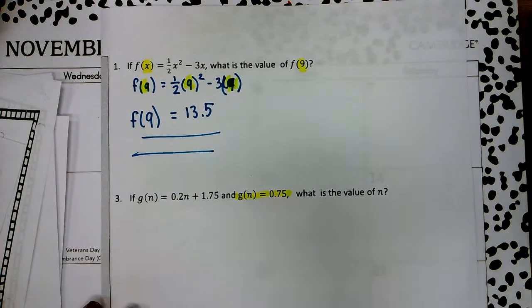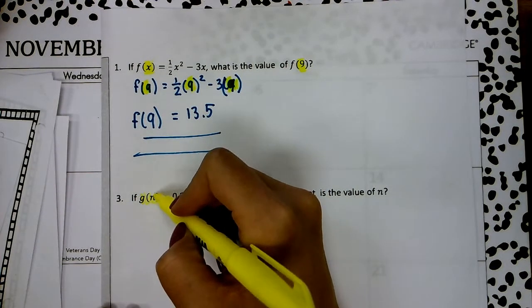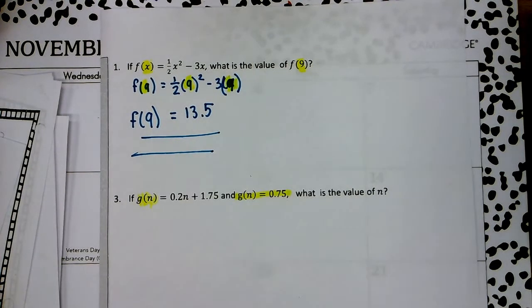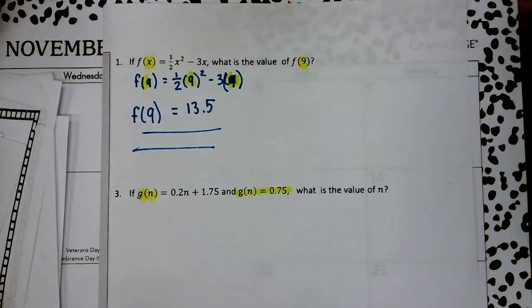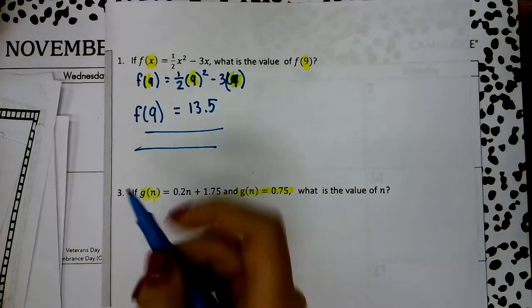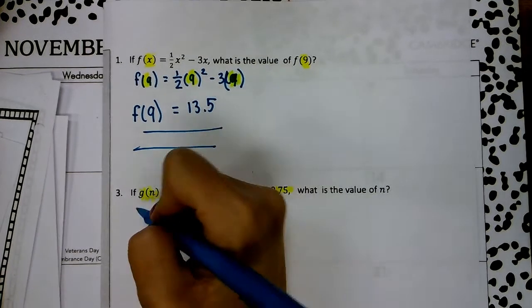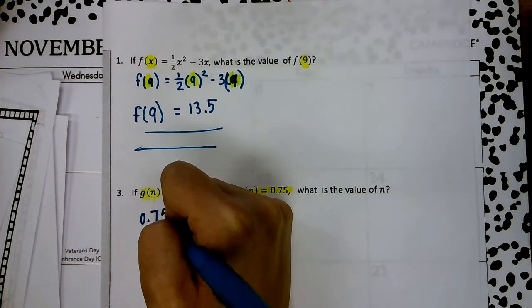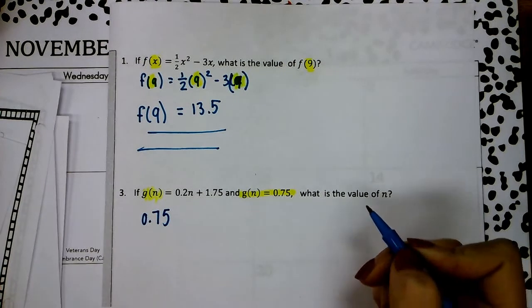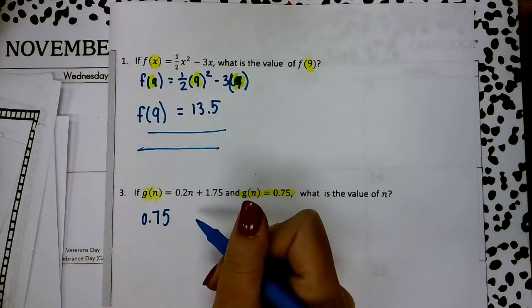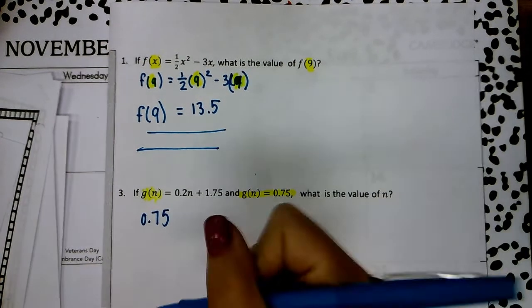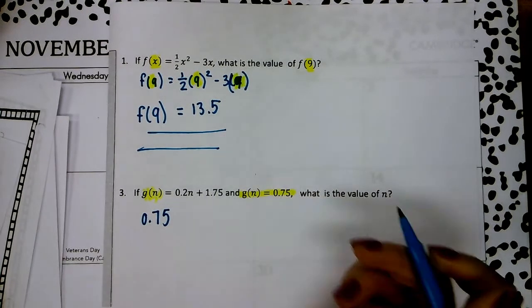So everywhere I see a g of n in this equation, I'm going to replace that whole g of n with 0.75. So this whole left side says g of n. I'm going to substitute in 0.75 in its spot. So this is telling us, hey, our output is 0.75. You need to figure out what input gives you that output.